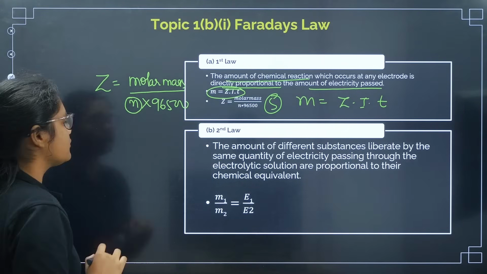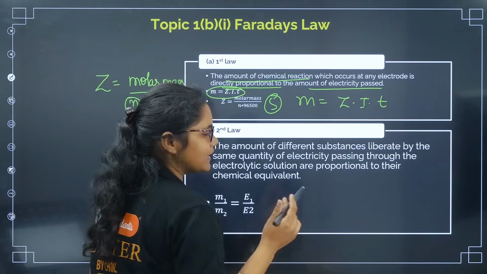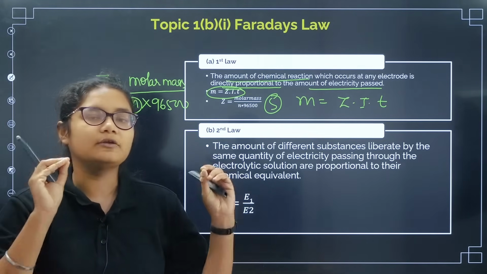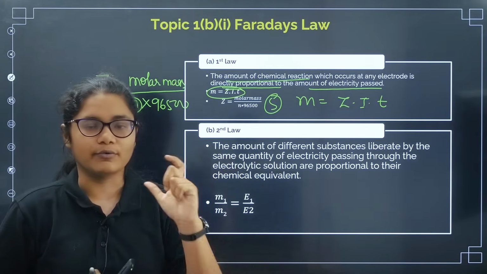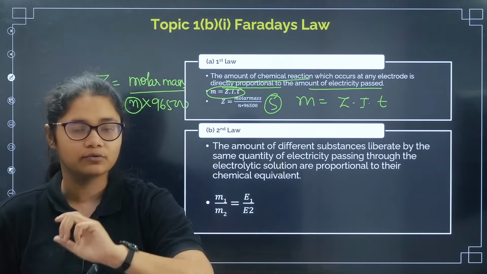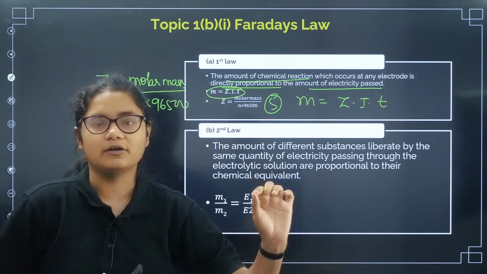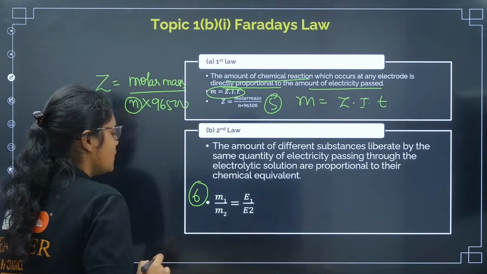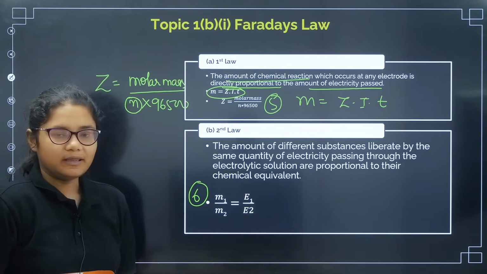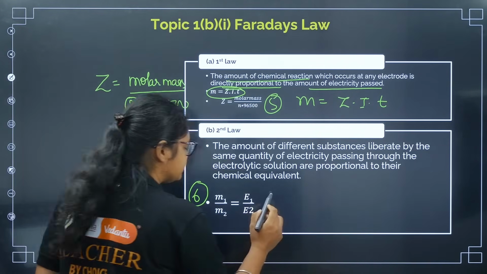Now coming to the second law. If two cells are connected in series and you pass the same amount of current, then the mass deposited at cathode 1 by the mass deposited at cathode 2 will be equal to the equivalent weight of 1 by the equivalent weight of 2. See this formula, M1 by M2 is equal to E1 by E2. Now how to calculate E1?